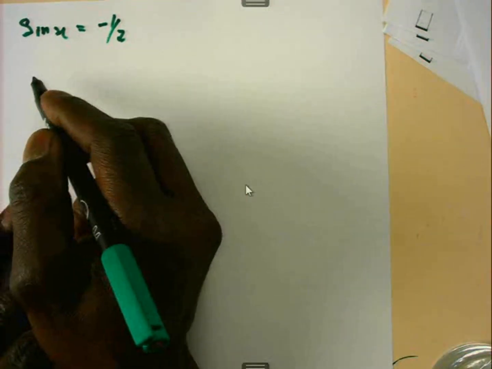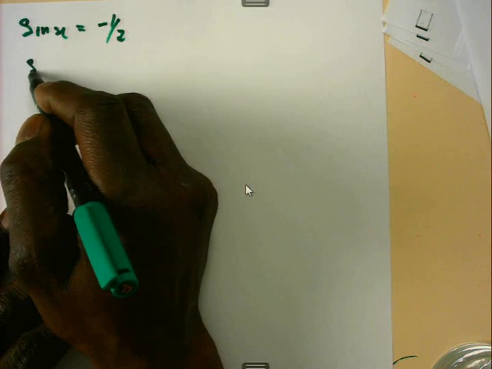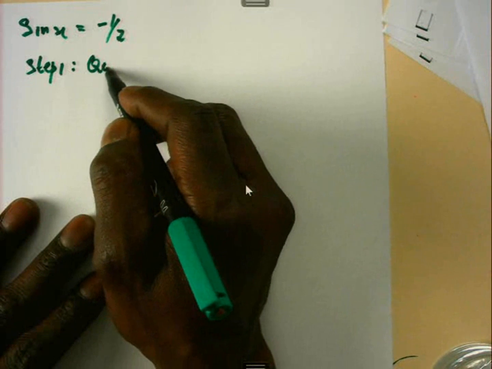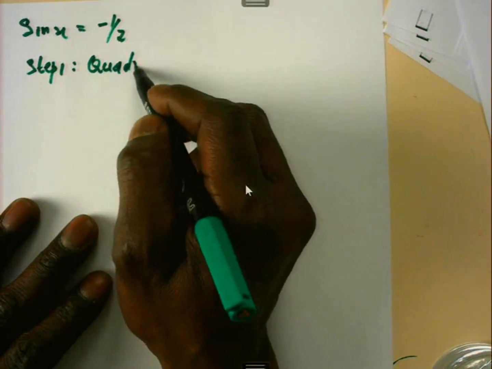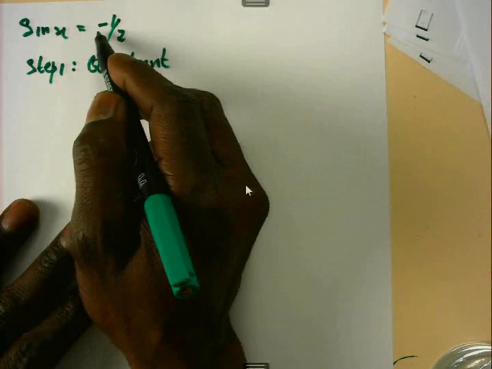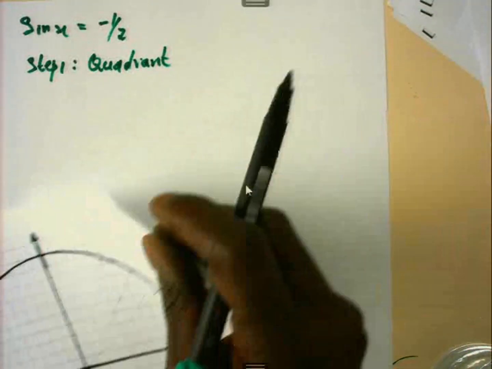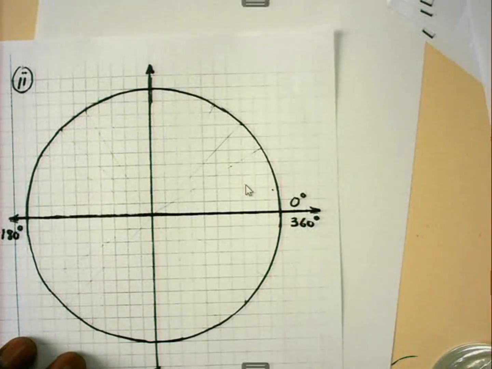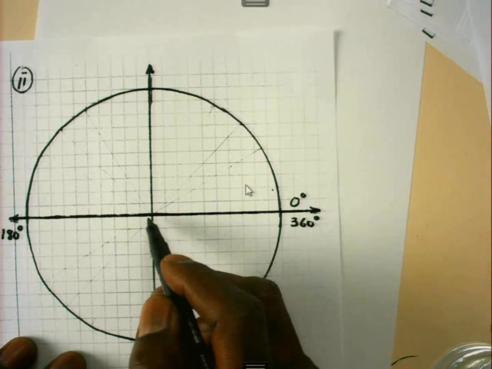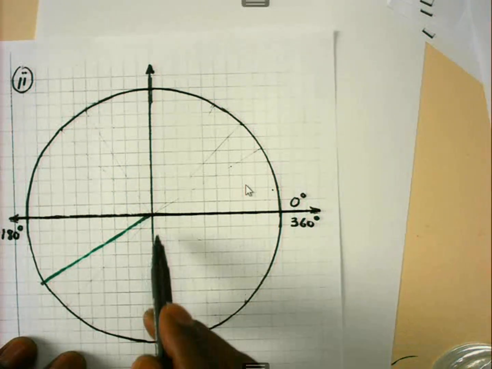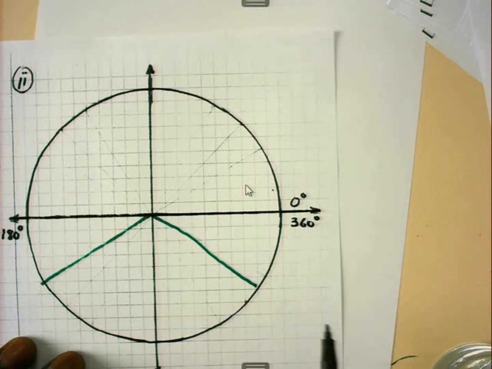We follow the same procedure. Step 1, we identify the quadrant, and this sign is negative, so sine is negative in the third and the fourth quadrant.